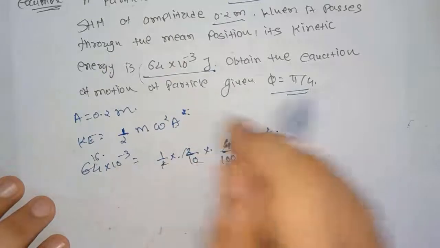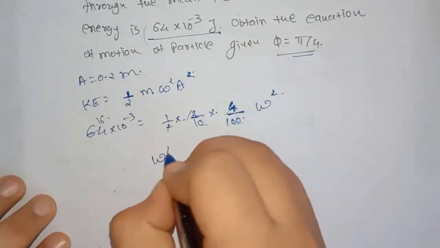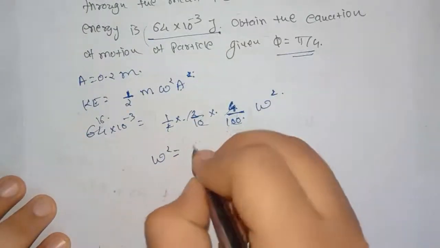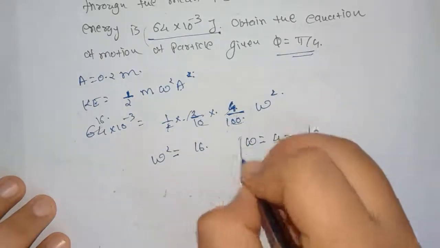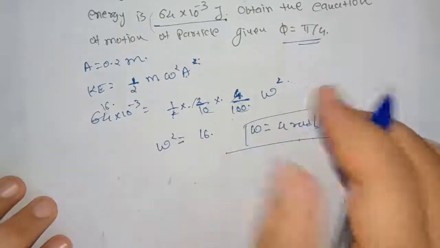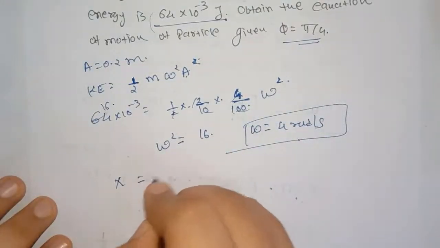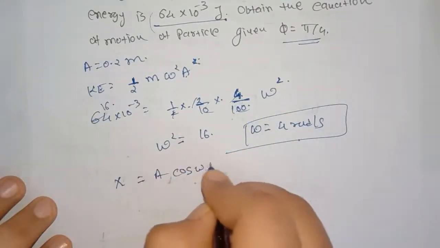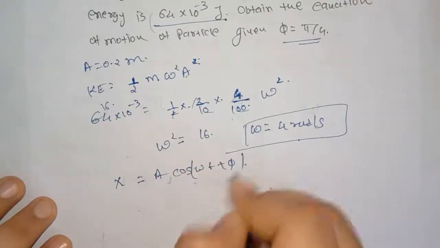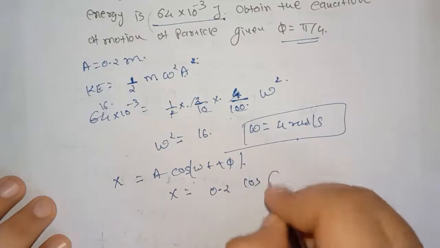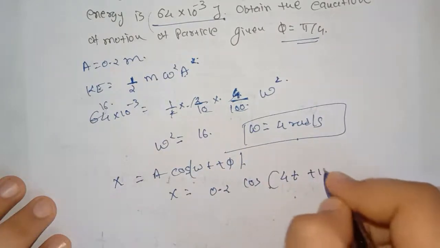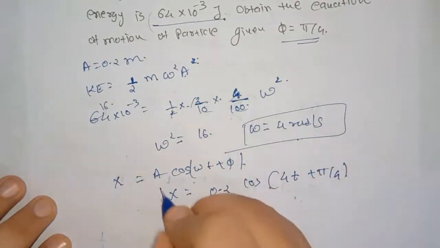This 1000 will get cancelled out. So omega square will be equal to 16 and omega will be equal to 4 radian per second. So the equation is A cos of omega t plus phi. So x will be equal to 0.2 cos of 4t plus pi by 4.